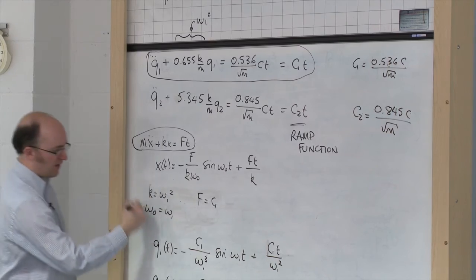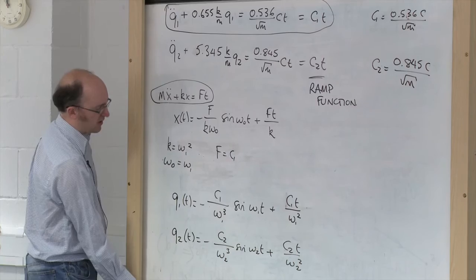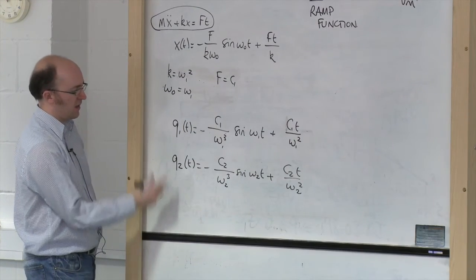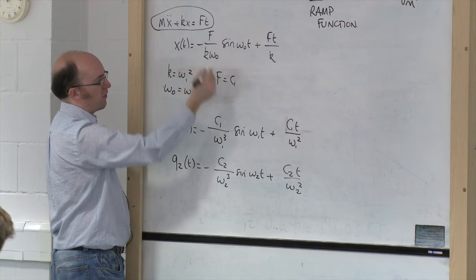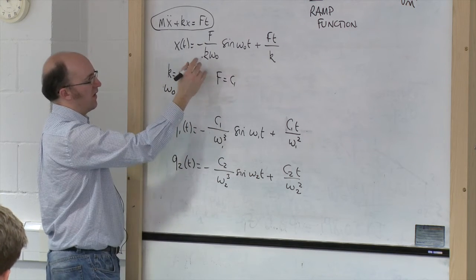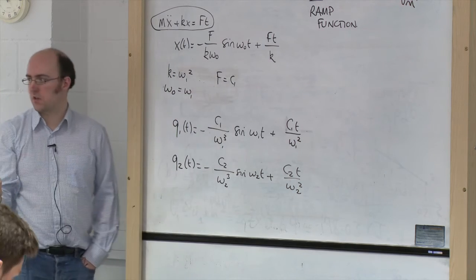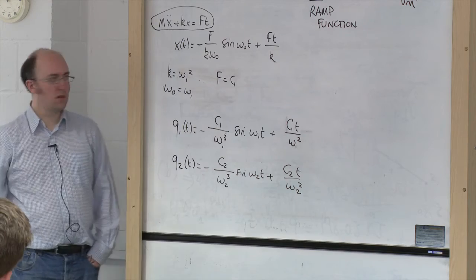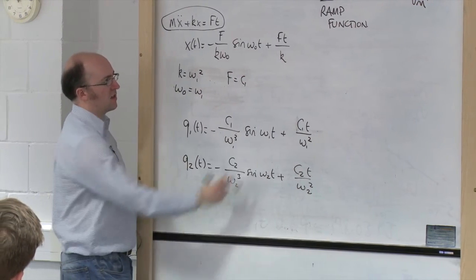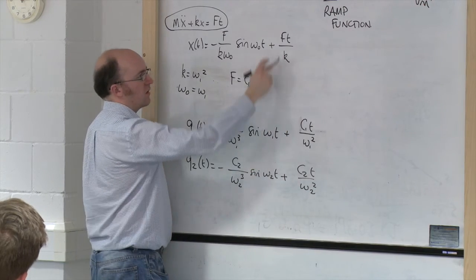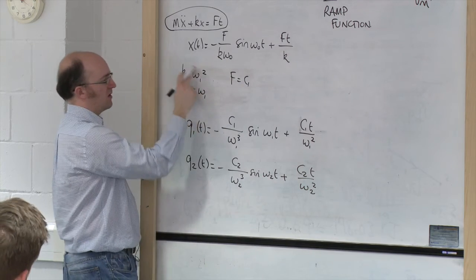And so, knowing these things, we plug those into this equation. And obviously replace Q with X, because we're solving for Q, not X this time. So Q1 of t is minus F, well that's C1, over omega 1 squared times omega 1, so omega 1 cubed, sine of omega 0, well omega 0 is omega 1, so we replace that here, times t, plus ft, so that's c1 t over k, which we know is omega 1 squared.